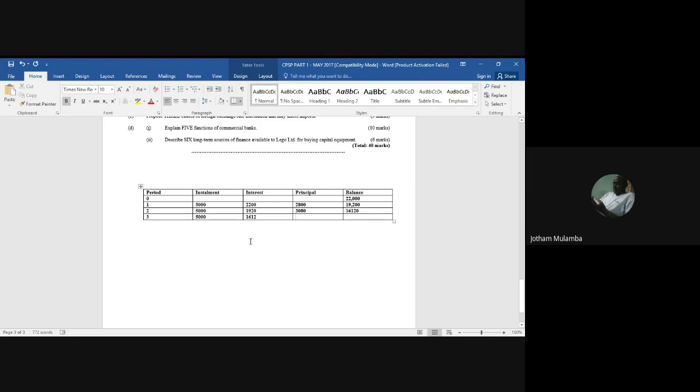The 5,000 is the installment you are paying, but partly it has to go to interest, and the interest will take 1,612. So what will go to principal is 5,000 minus 1,612.